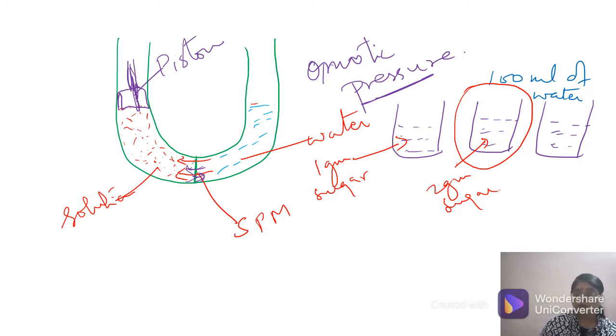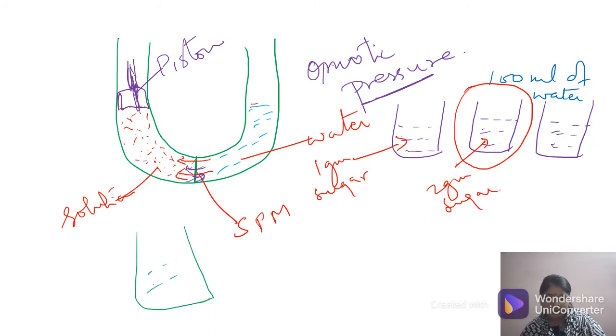Now if I keep these two solutions across the semi-permeable membrane, will water move? Yes, it will move. Why is this one more concentrated? Although the amount of water is the same, it is the solute which is very important here. I will make a bigger sugar molecule for you to understand.